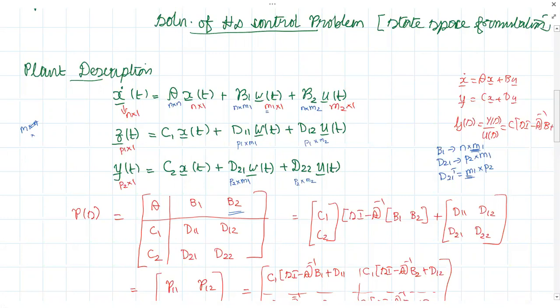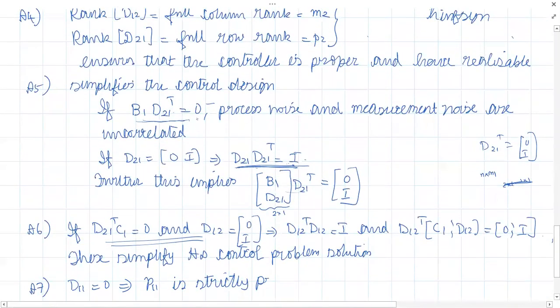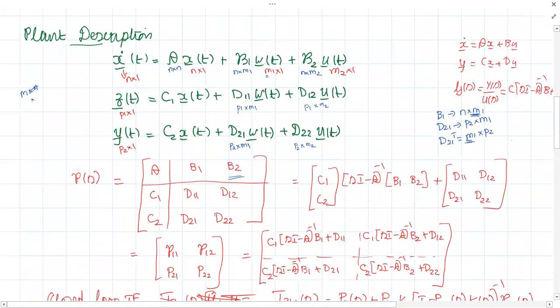B1 D21 transpose means N cross M1 times M1 cross P2, so you should get N cross P2. Is it not? Yes, sir. So your B1 D21 transpose will be an N cross P2 type of array. Sir, that N plus P2 will be there. The two rows are additive, right? Like totally the matrix B1, D21 will have N plus P2 rows.